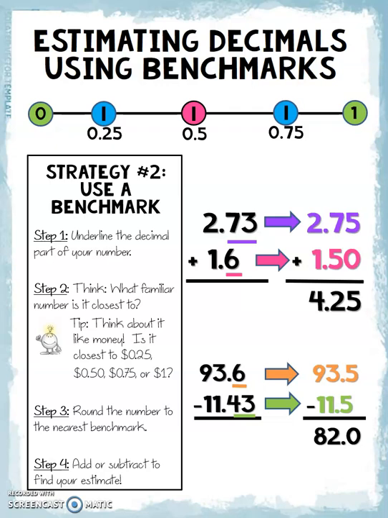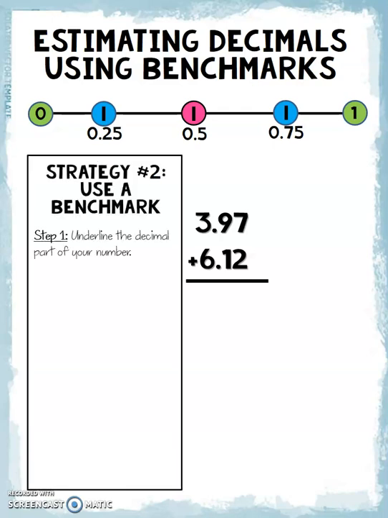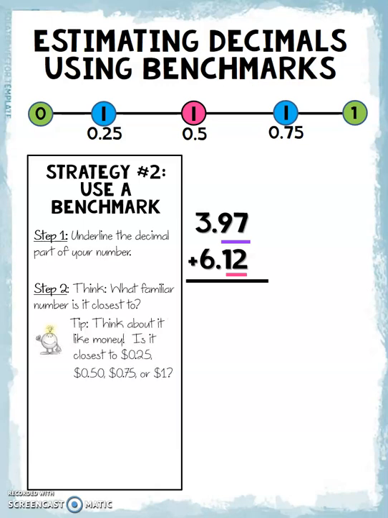Let's take a look at two more examples using this strategy. Let's look at another addition example, this time 3 and 97 hundredths plus 6 and 12 hundredths. Start by underlining the decimal parts of your number, which are the 97 hundredths and the 12 hundredths. Then think about what familiar number we're closest to. Again, that money tip will be really helpful. Round those numbers to the nearest benchmark.